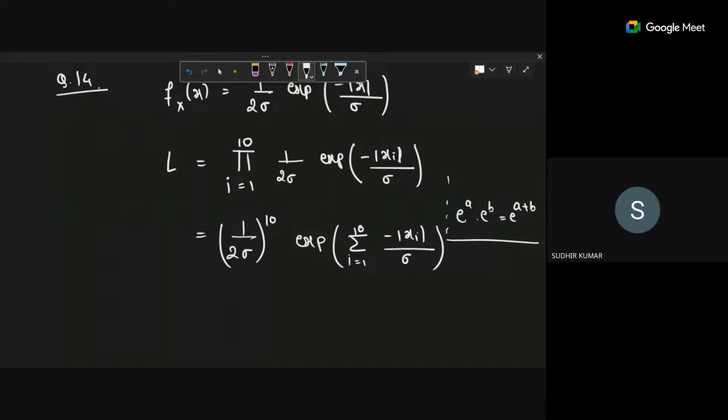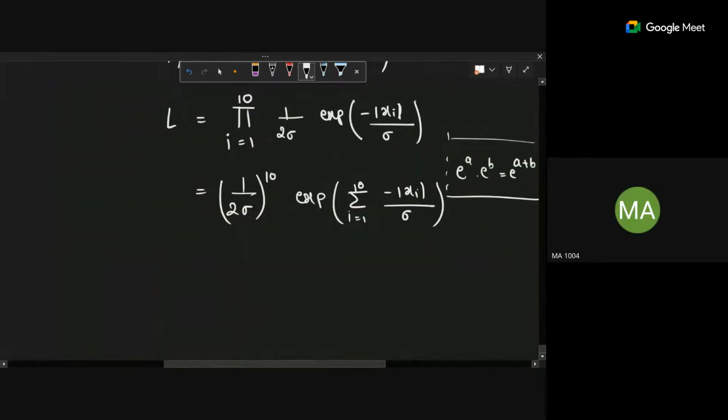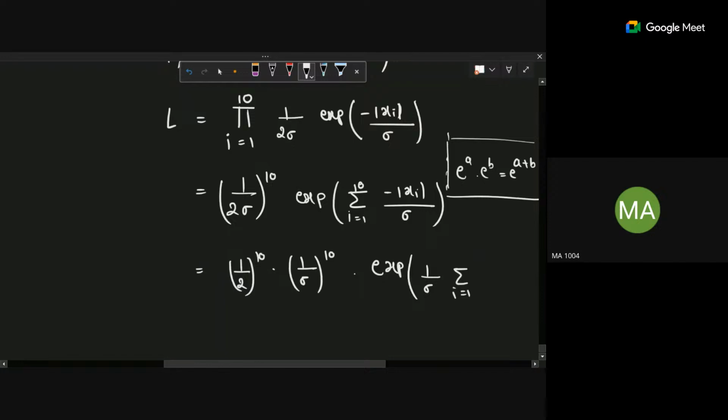I have just used the properties of powers. Again, 1 upon 2 raised to the power 10, because it's a constant, I am keeping it outside. 1 upon sigma raised to the power 10. And then exponential of 1 upon sigma times the summation from 1 to 10 of modulus of xi.